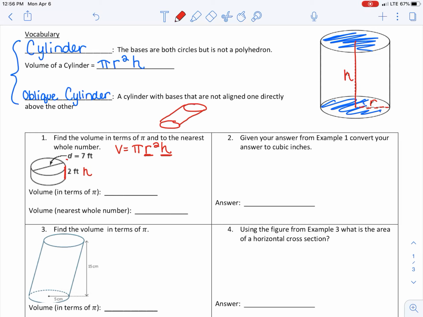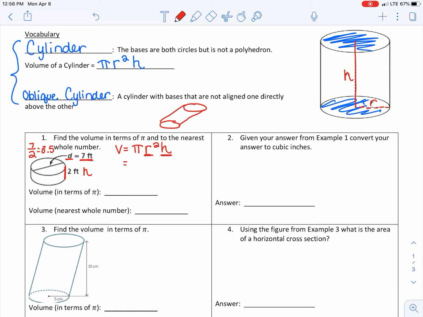And it says D here is equal to 7. That means diameter. So in order to find the radius, you have to take half of the diameter. So we're going to take that 7 and divide it by 2, which gives us 3.5 as a radius. Okay, so we can go ahead and plug in all of our numbers here.